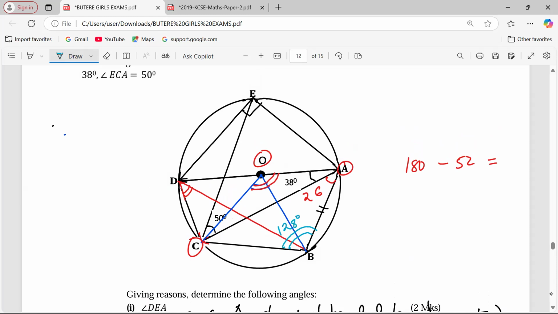Then the opposite one should be exactly 52 because it is a cyclic quadrilateral. EABC, or we can say CEAB, that cyclic quadrilateral. 128 should be opposite with 52.